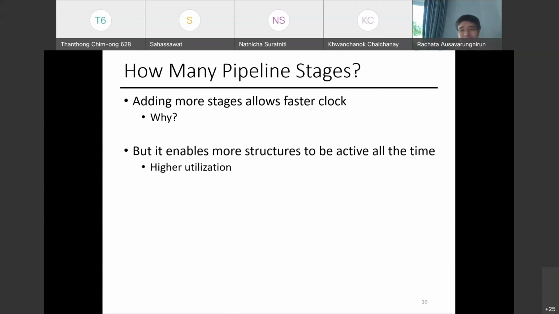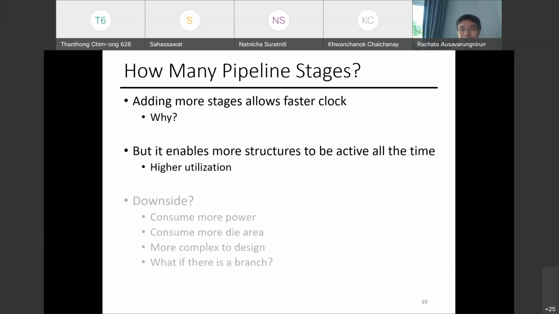What would be the downside? A faster clock consumes more power. You need more buffers, for sure. Things are more complex. You need to make sure every instruction is at the right place at the right time. This one you have to trust me. But if you actually try to implement it in a real hardware language, it's super annoying to get it right the first time.